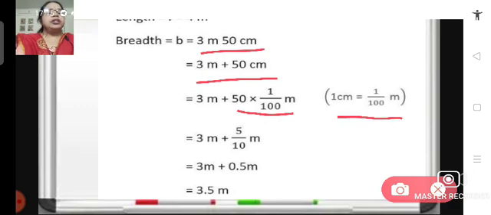Because 1 centimeter is equal to 1 upon 100 meters. We are converting this into meters. Alright. So, it will become 3 meters plus 5 upon 10 meters. And 5 upon 10 meters becomes 0.5 meters. So, now we have 3 meters plus 0.5 meters. So, it becomes 3.5 meters.